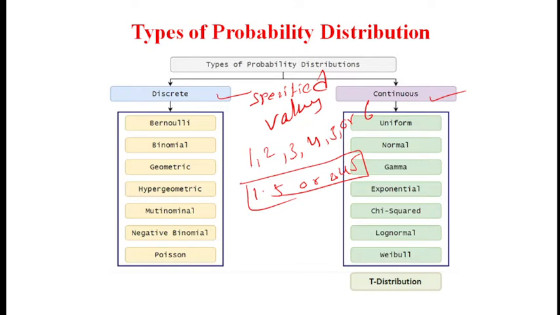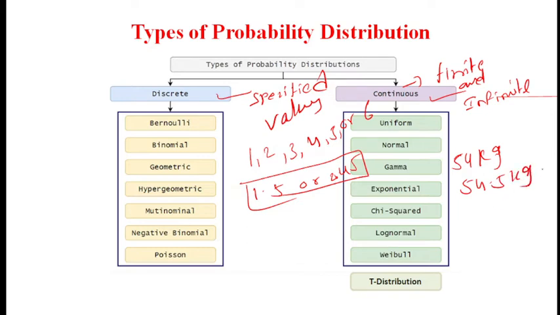What about the continuous probability distribution? It can take any value within the given range. The range may be finite or infinite. As I told you, take the example of a girl's height or weight. The weight of a girl can be any value, such as 54 kgs, 54.5 kgs or 54.46 kgs.